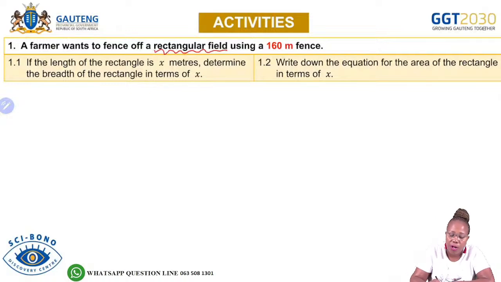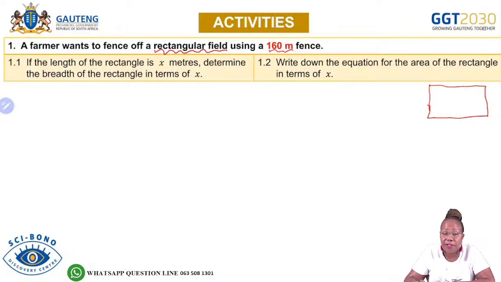And then now the fence that is available is using 160-meter fence. So if a farmer wants to fence off a rectangular field, that means somehow you are having a field that is a rectangular one. And then around this field, you want to use a 160-meter fence to fence this area.